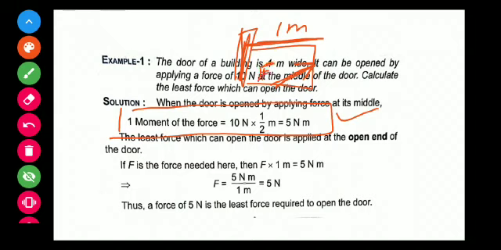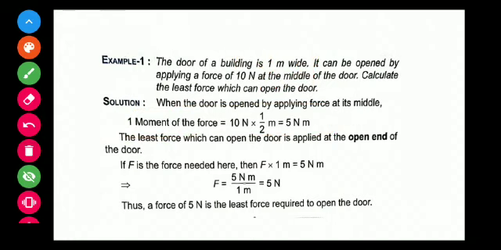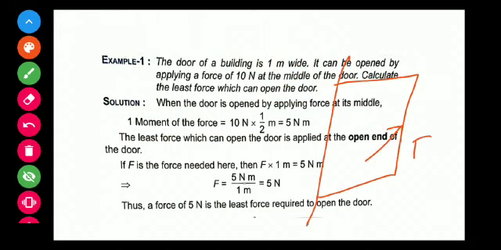If we apply a force at the edge, this is your door, and this is your force. This distance is 1 meter and torque is 5 Newton meter. Find the minimum force required to produce the same torque or same turn.